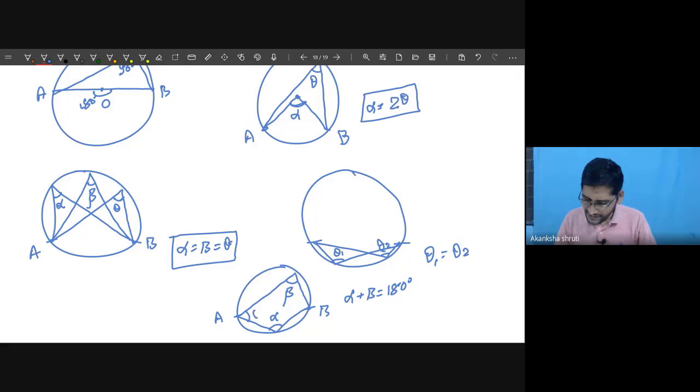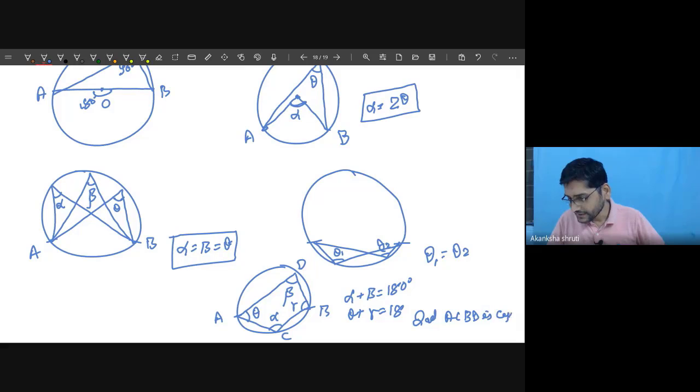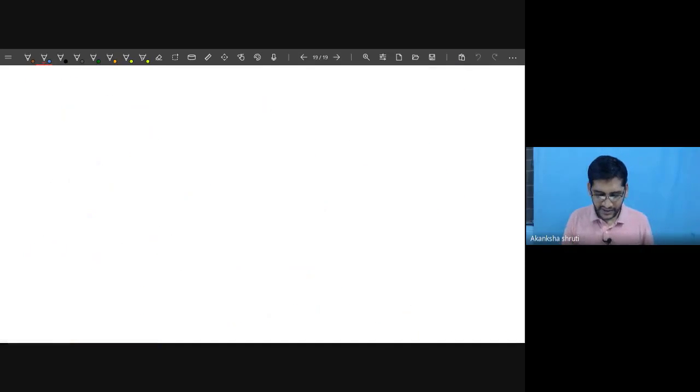Similarly, if you consider this as theta and this as gamma, this opposite pair theta plus gamma is also 180 degree. Such a quadrilateral formed is what? The quadrilateral ACBD is cyclic. So these are the conditions. Based on this, the questions are framed and asked.